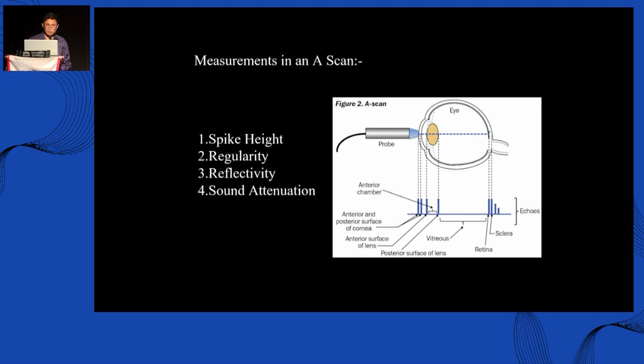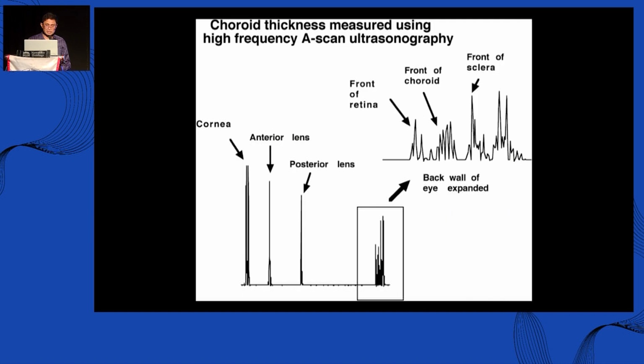So if we know the normal spikes, we can keep that in mind and compare the spike height, regularity, reflectivity, and the sound attenuation. This is important to keep. Now we will look at the heights and the perpendicularity, whether they are perpendicular or not. If they are not perpendicular, we have not properly aligned the probe.